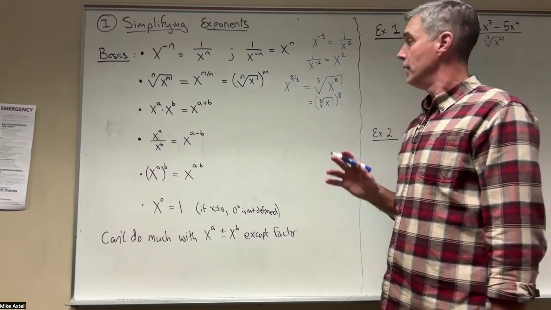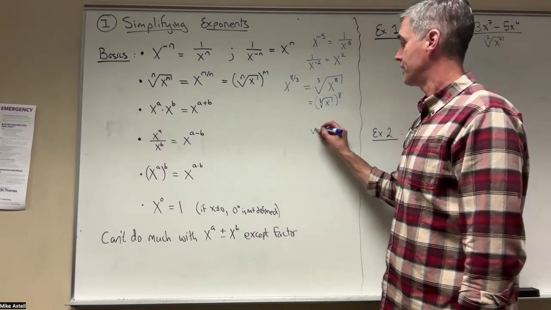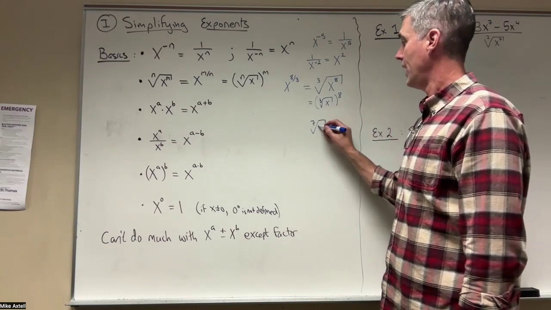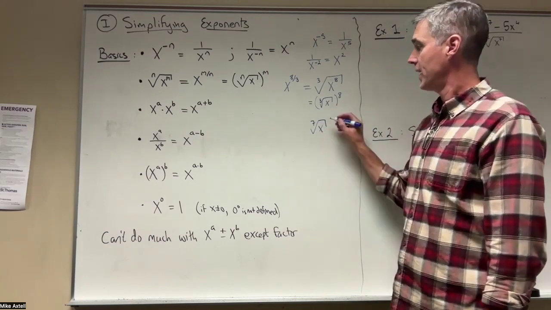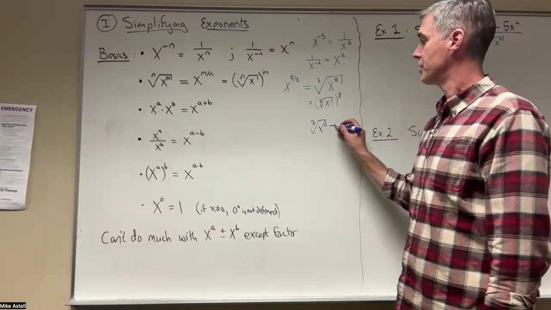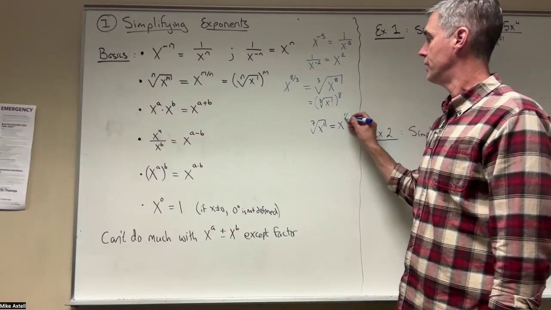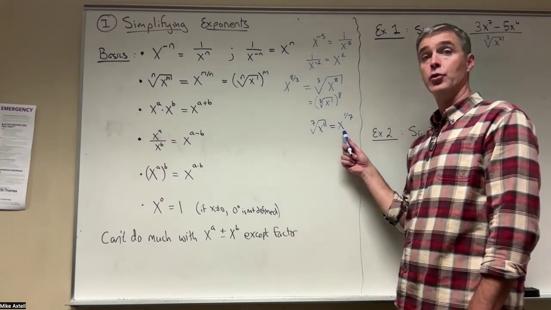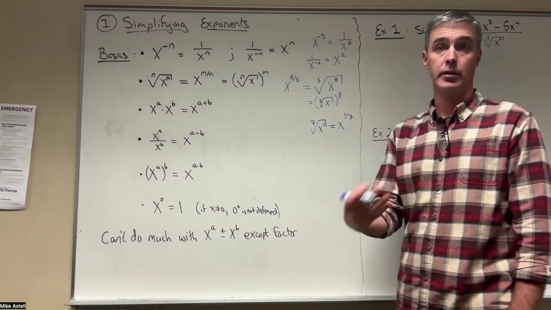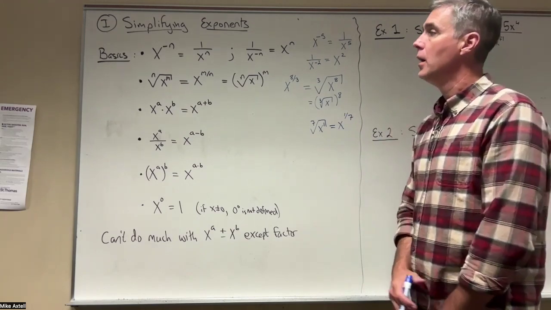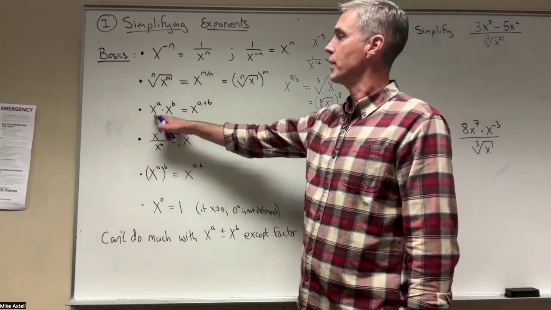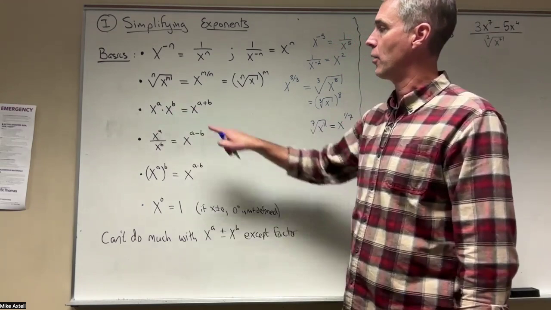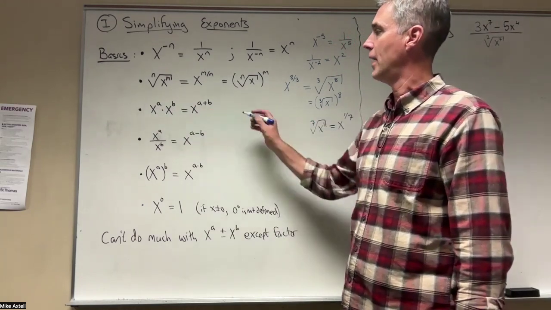All right? And if I have, let's say, the 7th root of x, that's actually x to the first in there. So I can think of this as x to the 1/7 power. And this form is going to, it turns out, be really easy to calculate the derivative of. Okay. All right. Well, when I have x raised to one power times x raised to another power, I can combine them by adding the powers.